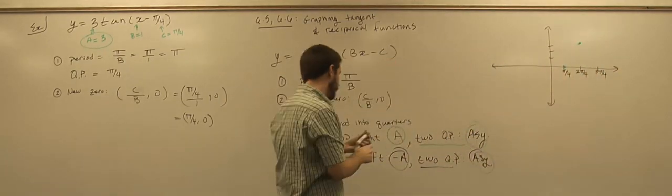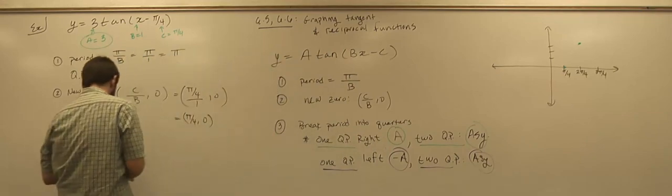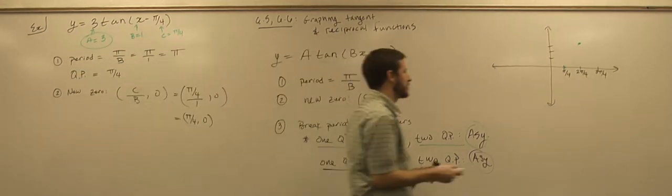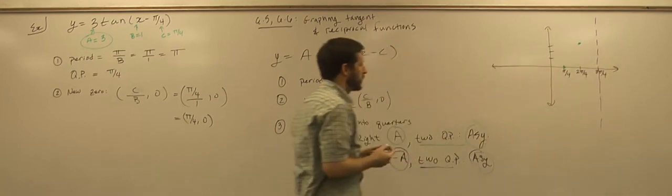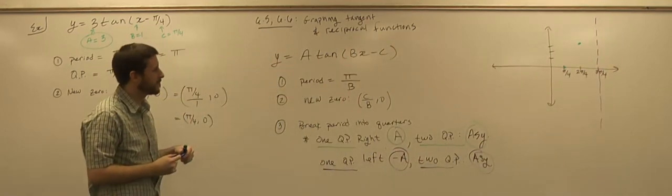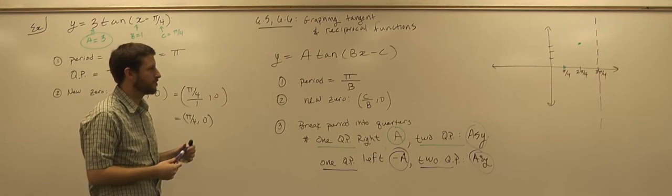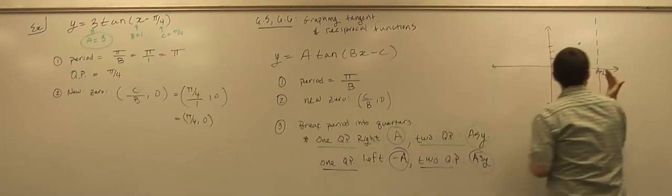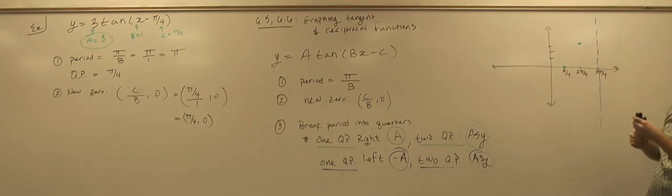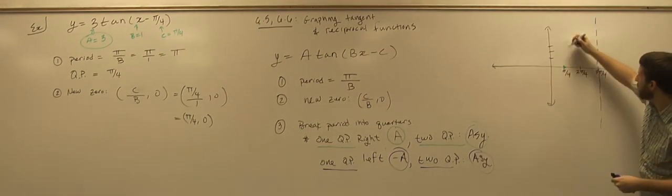And if I go 2 quarter periods to the right, what happens? Asymptote. Disaster. I'm going to steer clear of that bad boy. So that's half of it. I've done the right half. 1 quarter period, 2 quarter periods. A, asymptote. Now I got to do the left half.